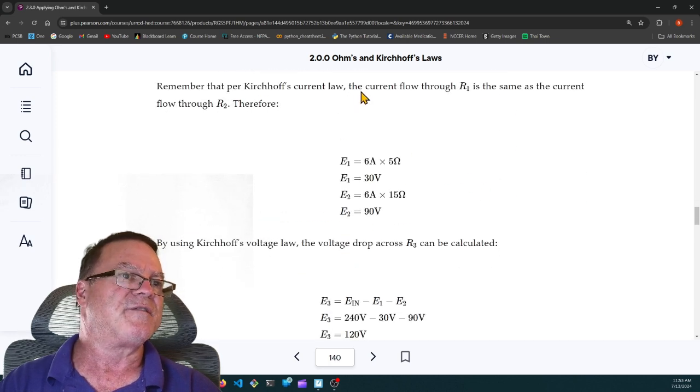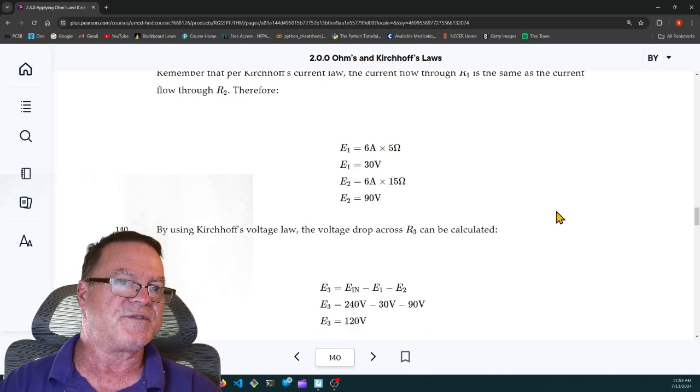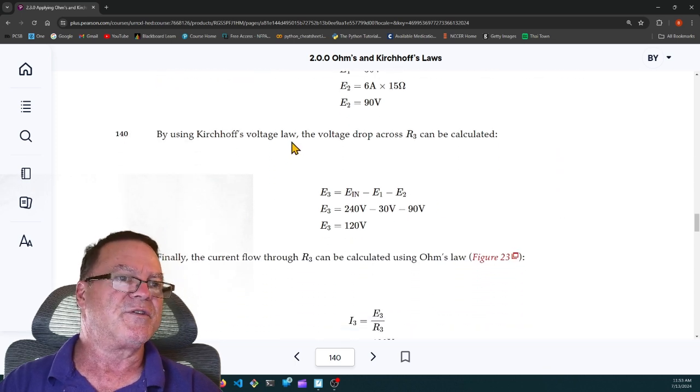Remember that per Kirchhoff's current law, the current flowing through R1 is the same as the current flowing through R2. Therefore, 6 amps times 5 ohms is 30 volts, and 6 amps times 15 ohms is 90 volts. By using Kirchhoff's voltage law, the voltage drop across R3 can be calculated. 240 minus 30 minus 90, we have 120 volts across R3.